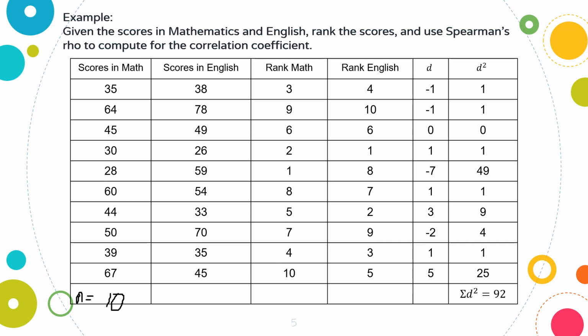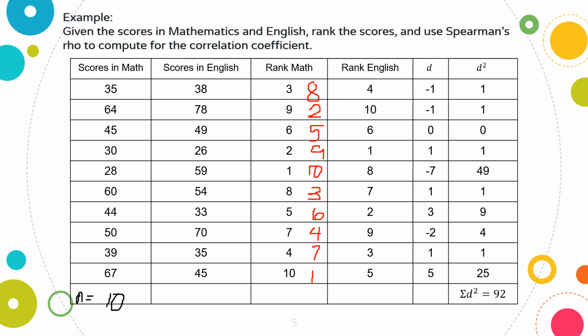So for math, first is 67, second is 64, third is 60, fourth is 50, fifth is 45, sixth is 44, seventh is 39, eighth is 35, ninth is 30, and the last one is 28.